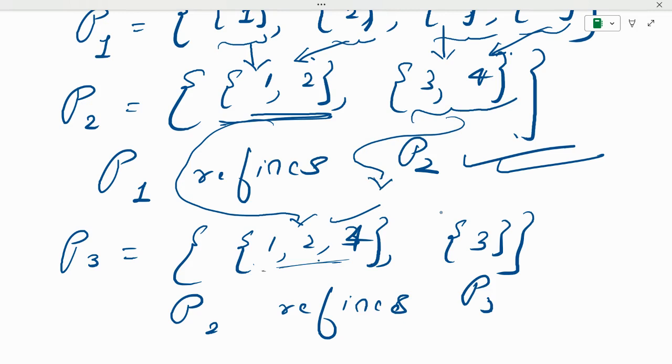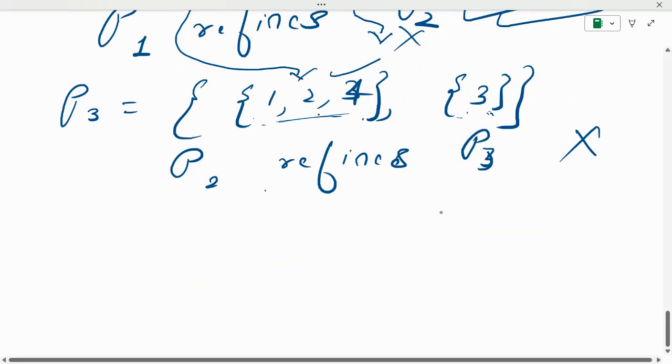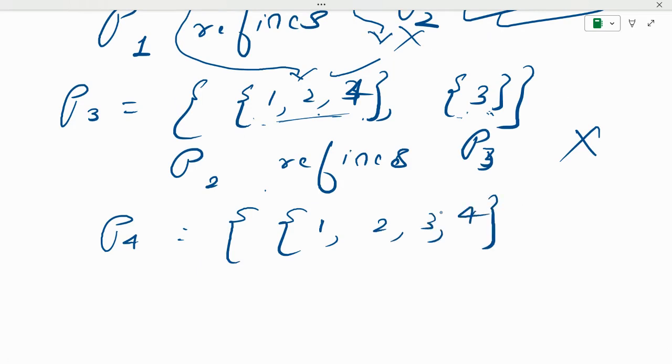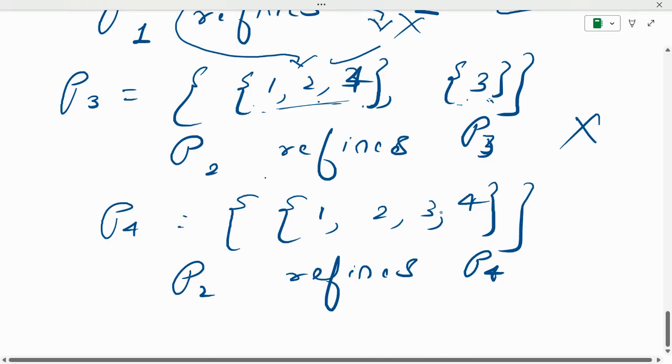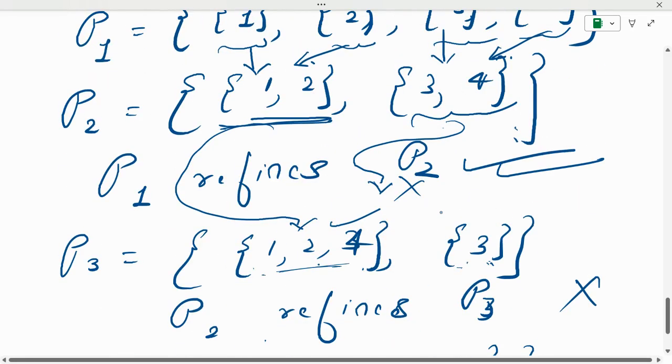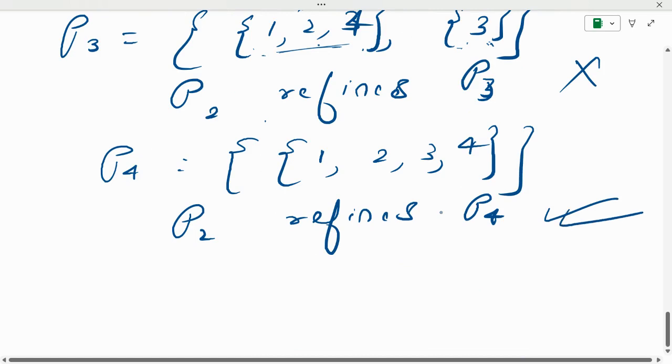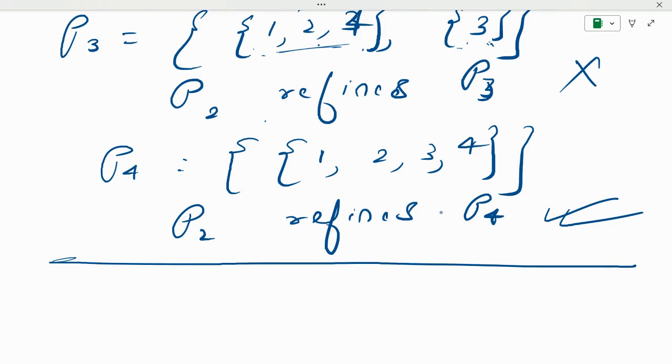From {1, 2, 4} we can obtain {4} but not {3, 4}, and from {3} we can obtain {3} but not {3, 4}. So this is not possible, and we can't say that P2 refines P3, right? But if we have a P4 that consists of one single element {1, 2, 3, 4}, can we say that P2 refines P4? {1, 2} can be obtained from {1, 2, 3, 4}, and {3, 4} can be obtained from {1, 2, 3, 4}. So yes, P2 refines P4. This way you can check whether one partition refines another partition or not.